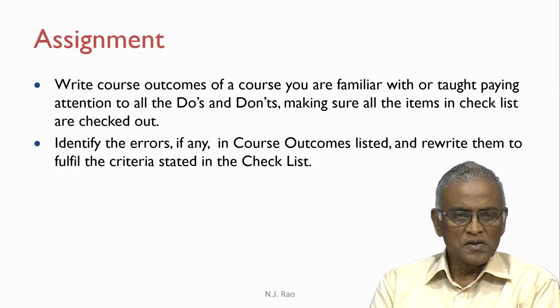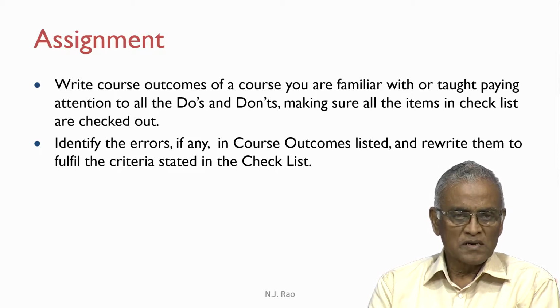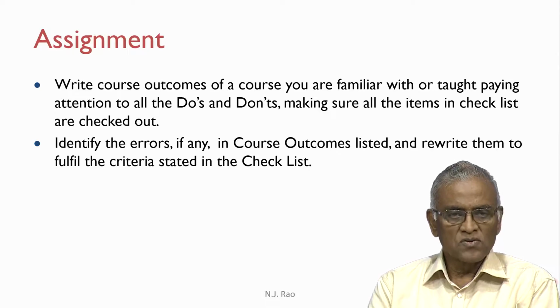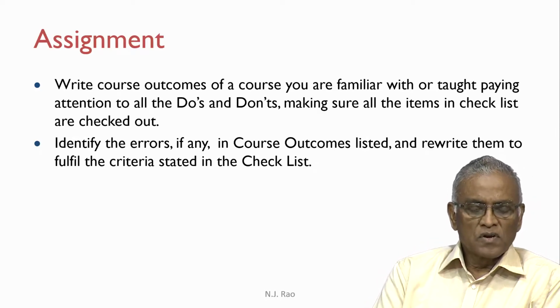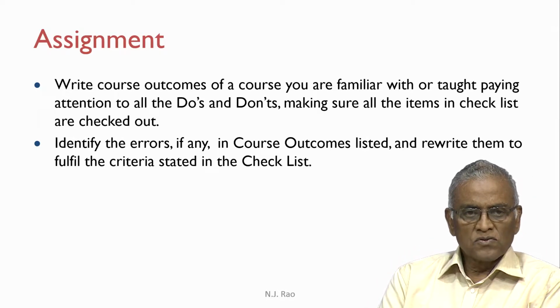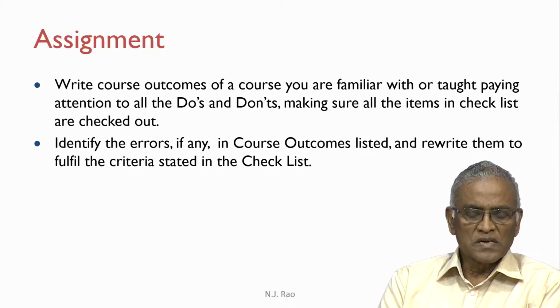Now you have to write for a complete course, making sure that all the items in the checklist are addressed and your do's and don'ts are also observed. Again, for further practice, we would ask you to identify the errors, if any, in the course outcomes listed and rewrite them to fulfill the criteria stated in the checklist.